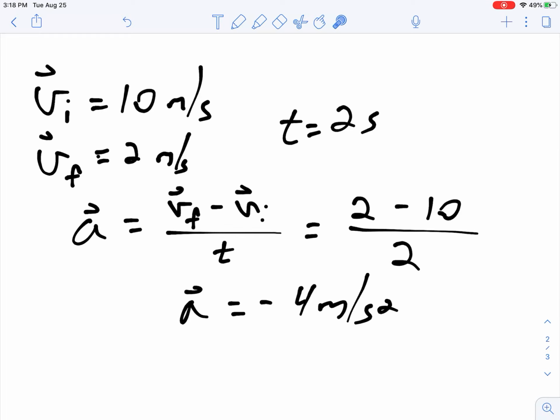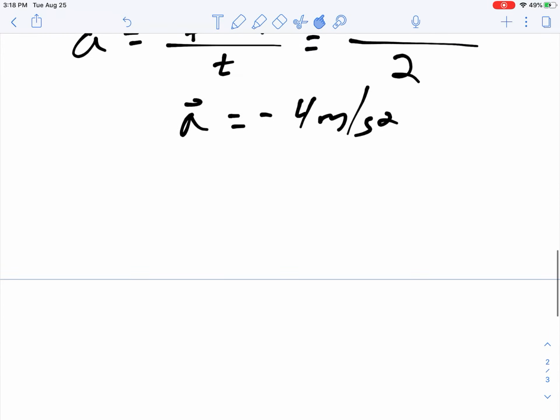That's the acceleration. Now, how can I associate acceleration and its direction with speeding up and slowing down? Well, we can say this.